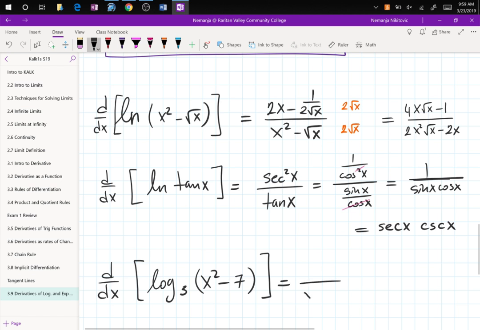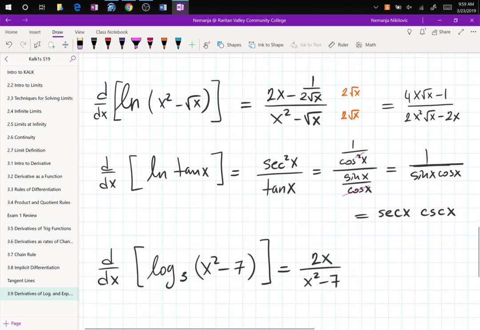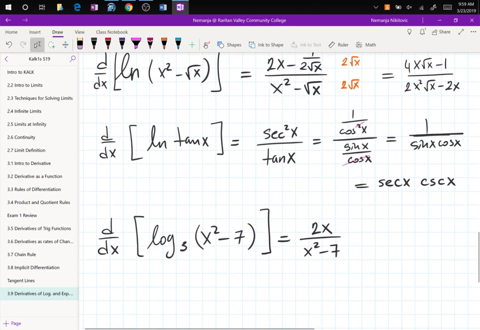We have copy and paste in the denominator, its derivative on top. So as you can see, it starts exactly the same. The only thing that you have to do new, because you have base 3, is to multiply in the denominator ln 3. So that's the only new thing. And we're done. Just walk away.